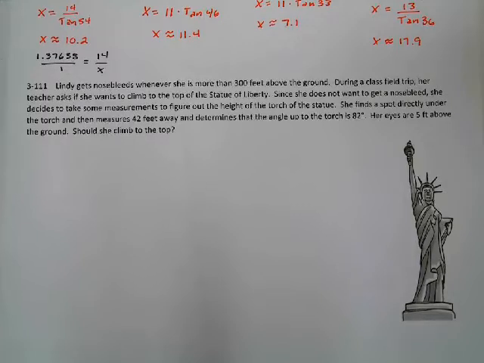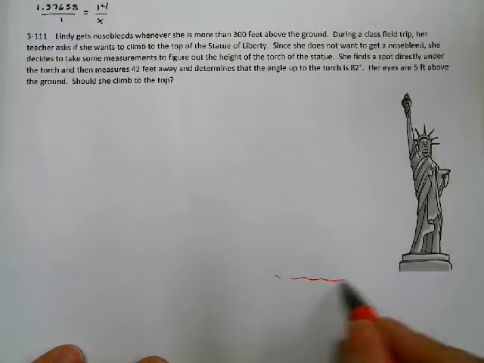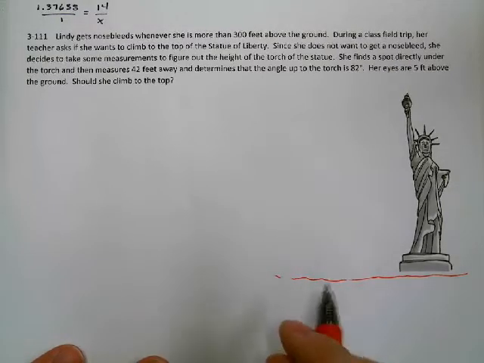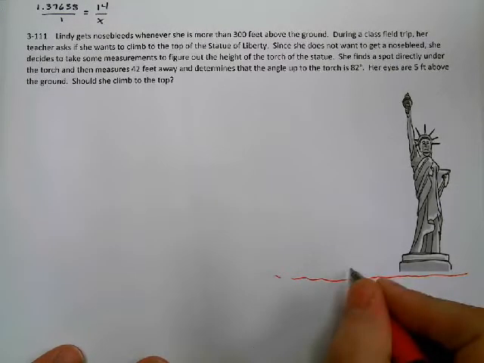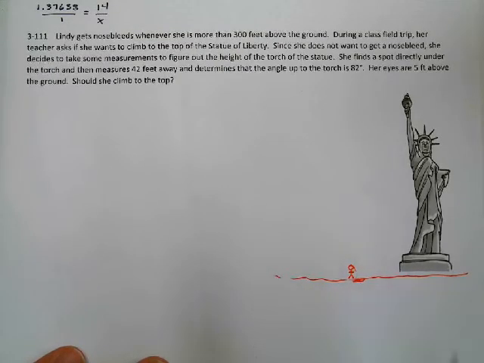Okay, so let's make a little drawing right here. So here we've got the ground. We're assuming Lindy is going to be on the ground. So here she is on the ground. Nosebleed dripping all over in a puddle on the ground. All right, so there's Lindy. She's a bleeder.